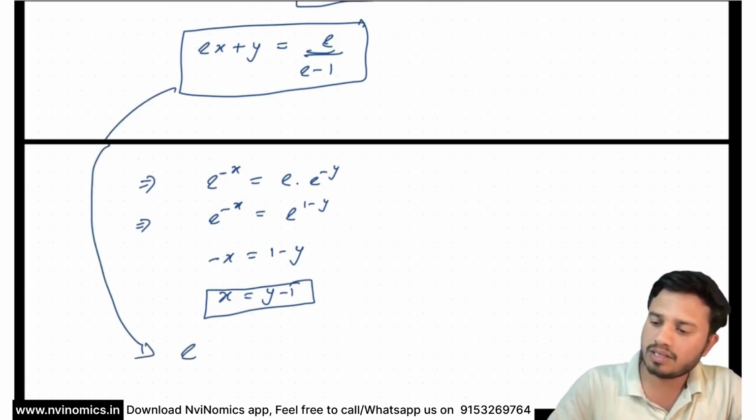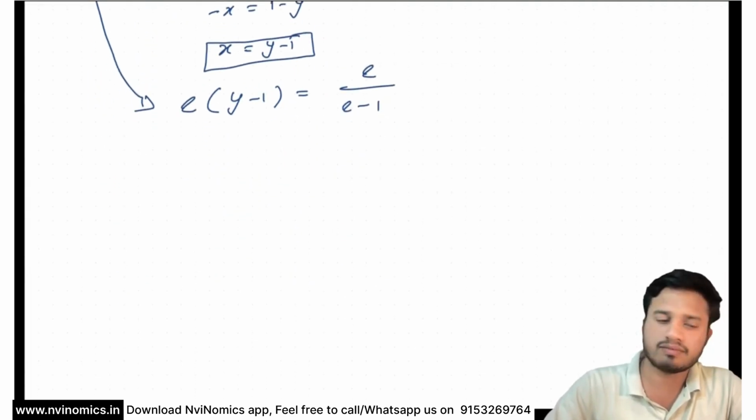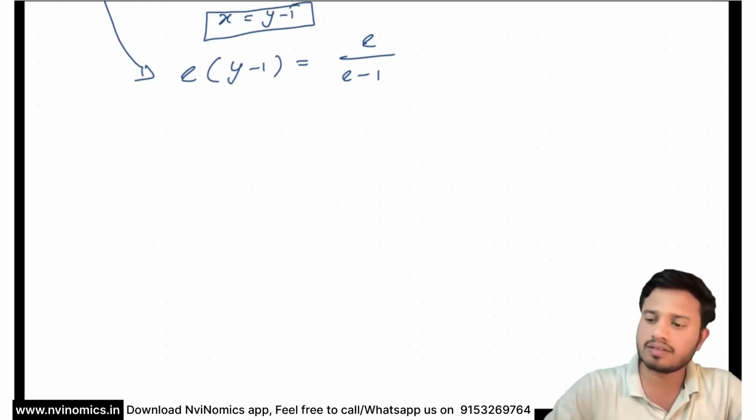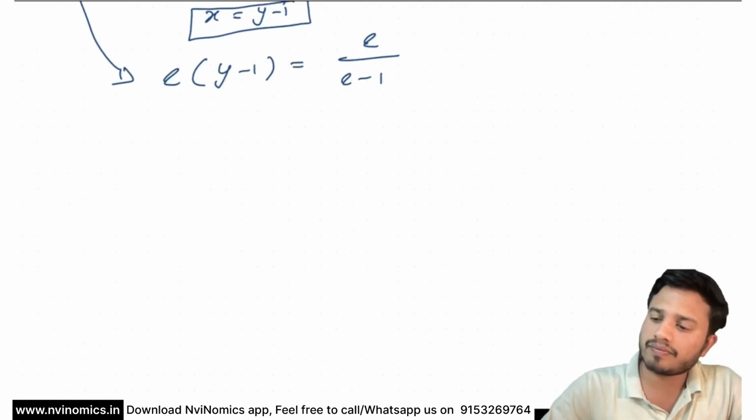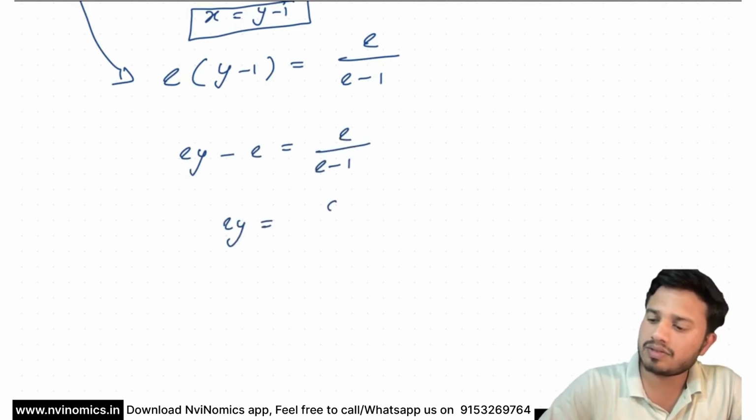Putting this x value in this, we get e to the power y minus 1 equals e to the power e minus 1. Just try to find y from here. It will be ey minus e equals e minus 1. Ey equals e divided by e minus 1 plus e.